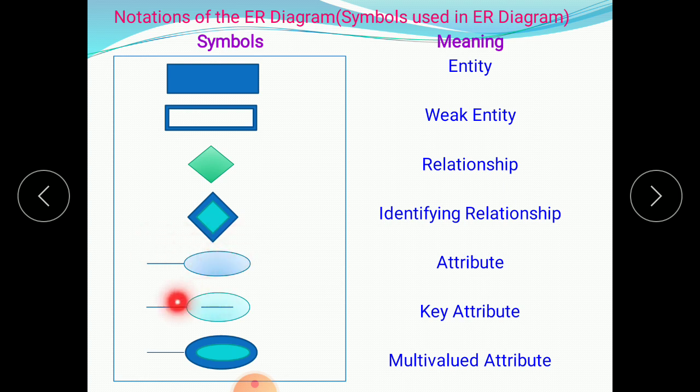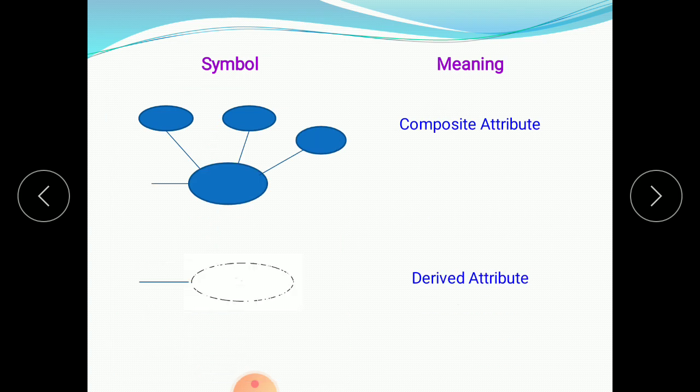Then this is a key attribute. A key attribute is underlined. Then this diagram is used for a multi-valued attribute. If you want to define a multi-valued attribute, use this type of diagram.